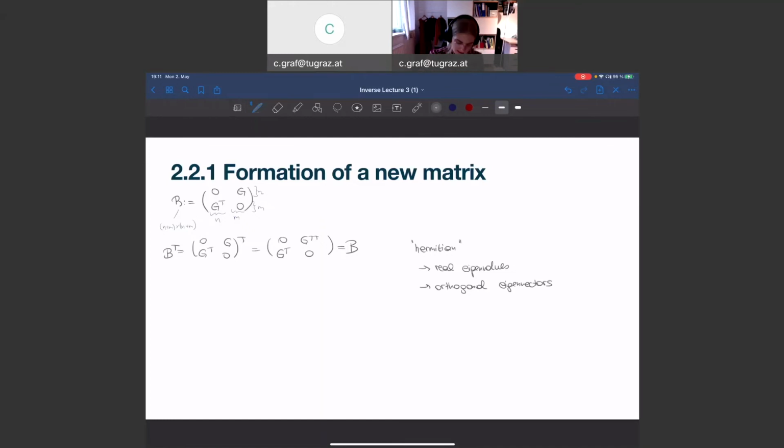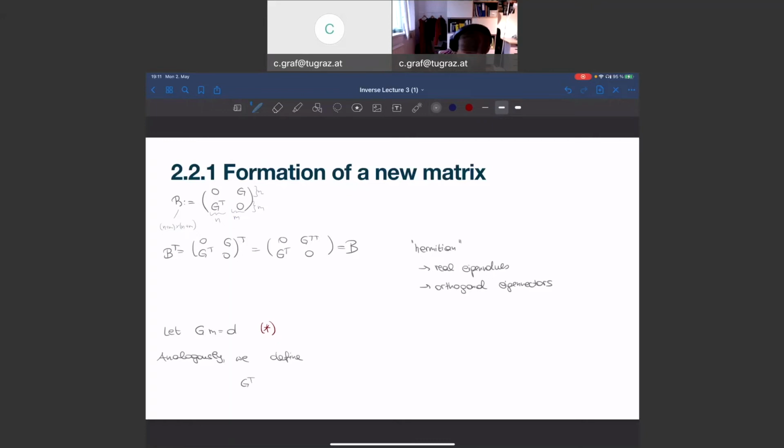Now, let us define the original inverse problem regarding G. And let's call this problem here star. Now, analogously, we define an inverse problem regarding T transposed.